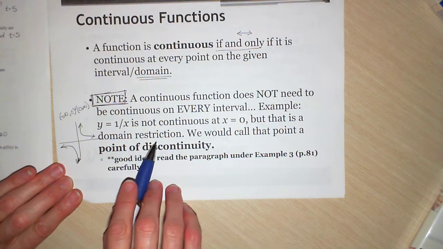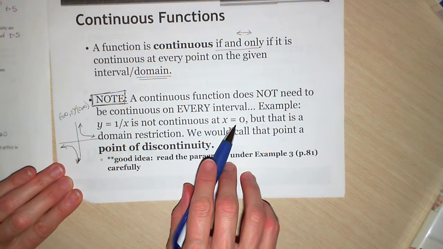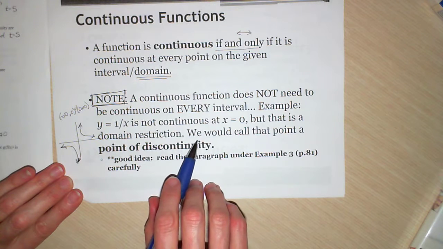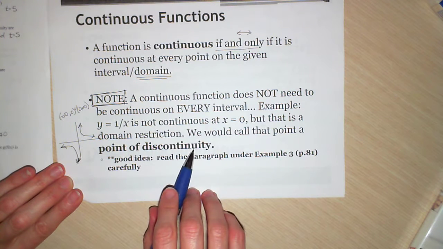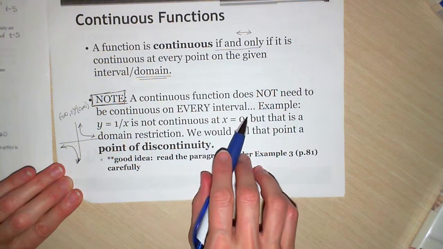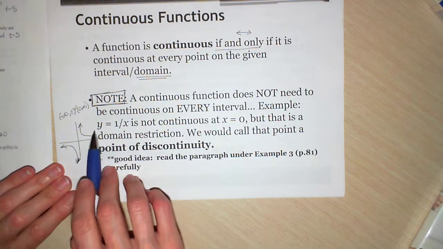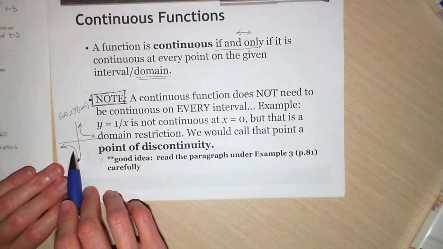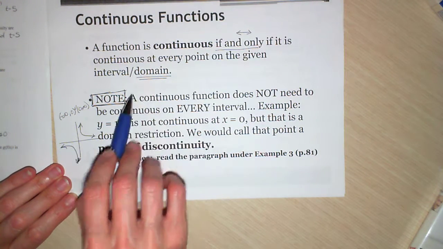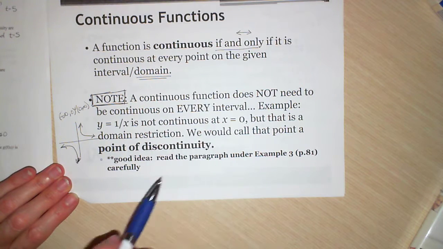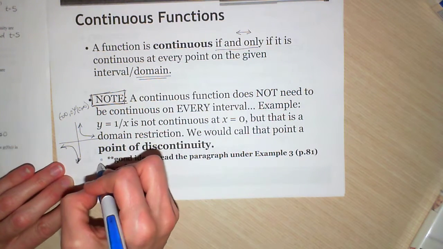In the domain, we restrict it, so we say x cannot equal 0. We would call that a point of discontinuity. But because this is restricted from the domain, we don't include x equals 0, we would still say this function is continuous on the given domain, because the domain doesn't include x equals 0.